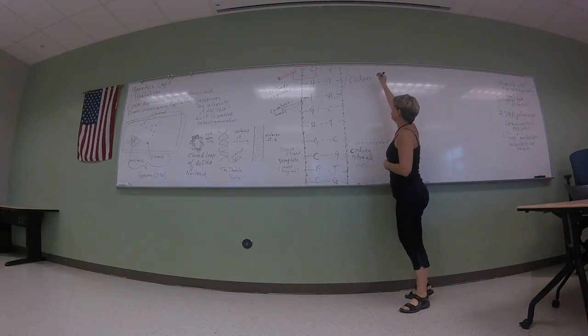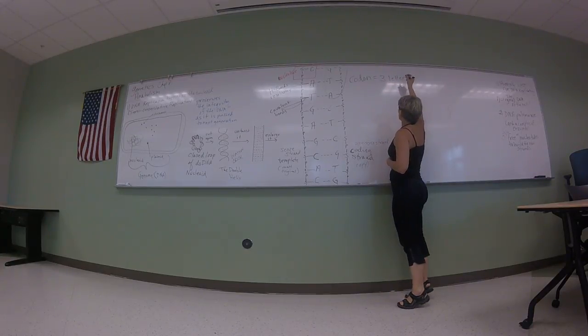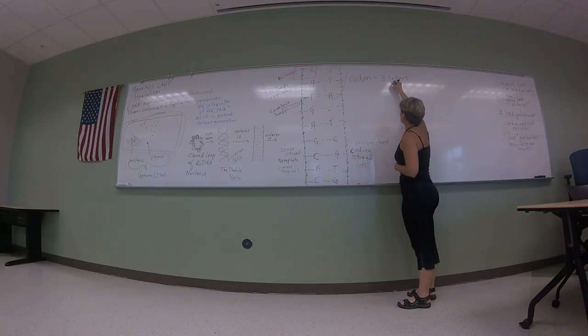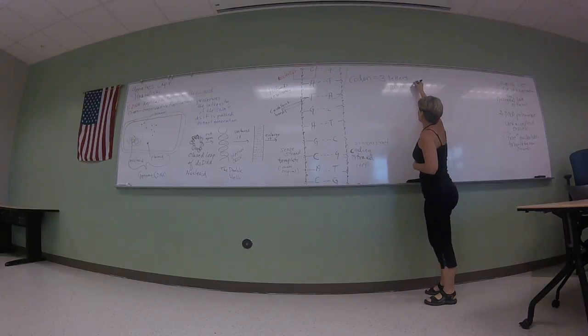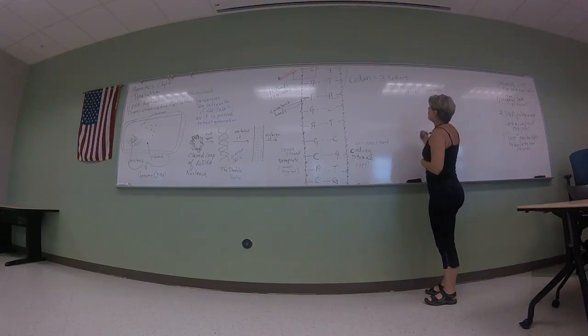So a codon. And what is a codon? It's 3 letters. What are the letters? They're nitrogen-containing bases, or I call them nitrogenous bases, of the nucleotides. What is a codon?